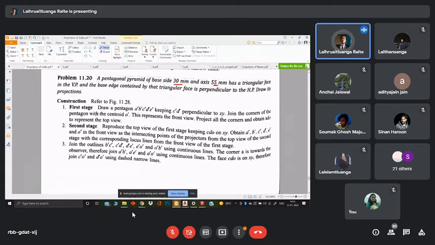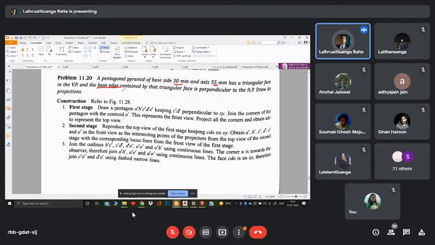Similar to that, we have a triangular face of a pentagonal pyramid resting in the VP, and the base edge contained by the triangular face is perpendicular to the HP. So that means that we will proceed with a pentagonal pyramid, wherein one of the base edges of the pentagonal pyramid is going to be perpendicular to the HP or perpendicular to the XY line.